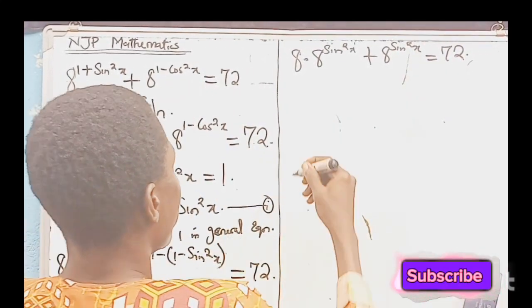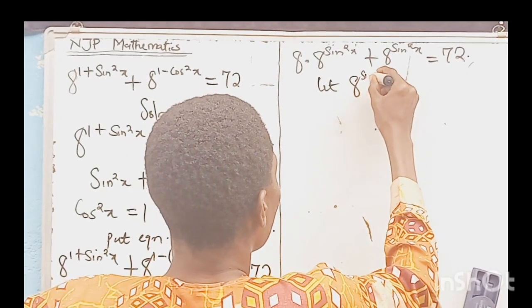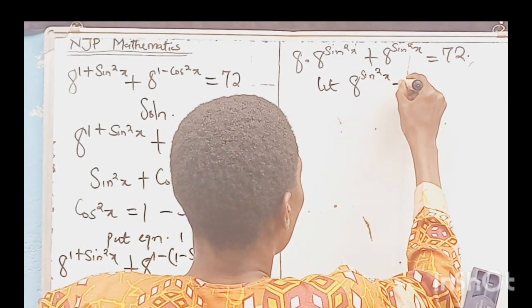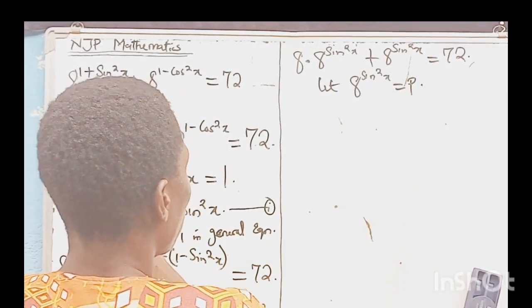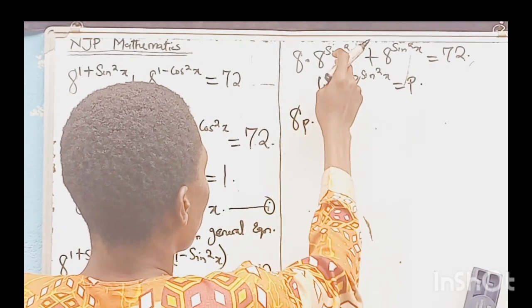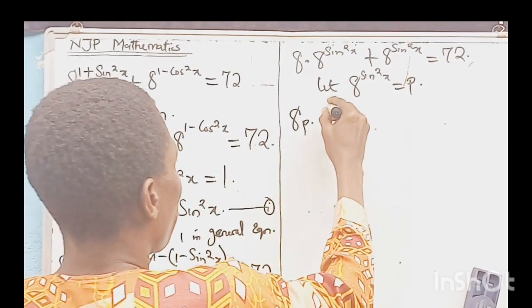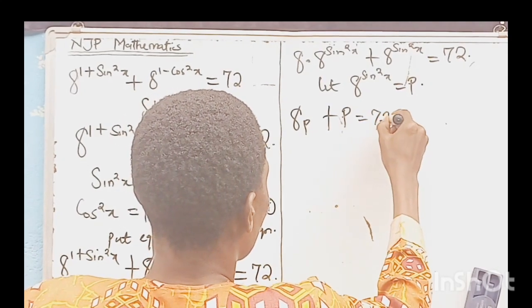So let 8 raised to the power of sine square x equal p. Let's make it to be equal to p. So we substitute 8 multiplying p, because that is where 8 raised to the power of sine square x was, plus p equals 72.